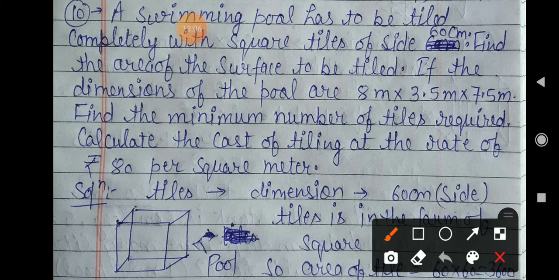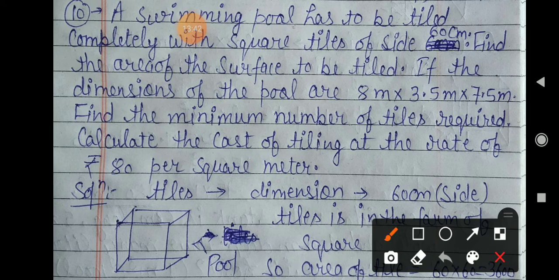First of all it says you have square tiles, and the side of the square is given, and then it says find the area of a tile. Then it says you have a pool, and the dimensions of the pool are given here, and you have to find the minimum number of tiles used for making that swimming pool. Okay, and then it says calculate the cost of the tiles.